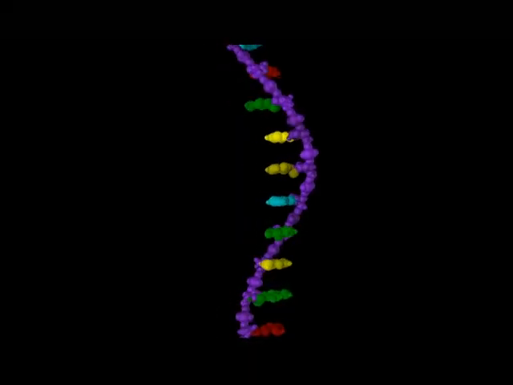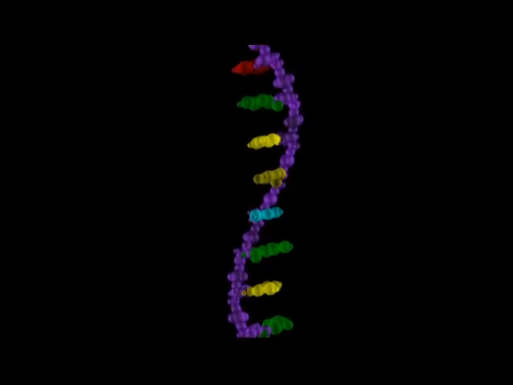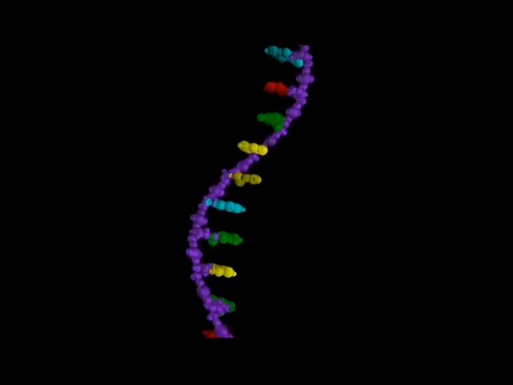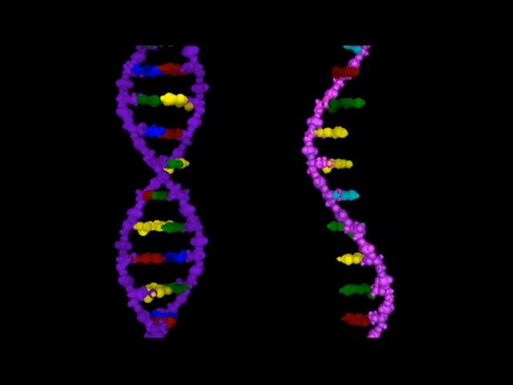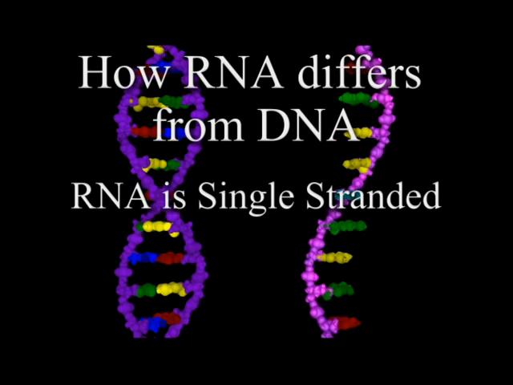The molecular medium for the process of translating DNA into proteins is RNA. The mechanisms of the process are transcription and translation. RNA is similar to DNA, but differs in three respects. RNA is usually single-stranded.